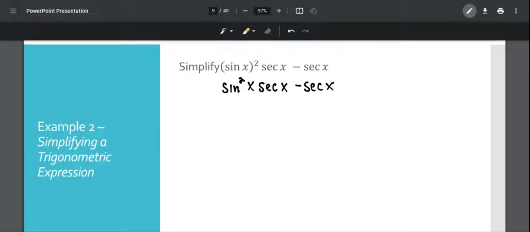And when you're trying to simplify these expressions that have the same trig function in more than one term, sometimes it might make sense to factor out that GCF. So since the first term has secant and the second term has secant, we're going to factor out a secant, and then we'd be left with sine squared minus 1.